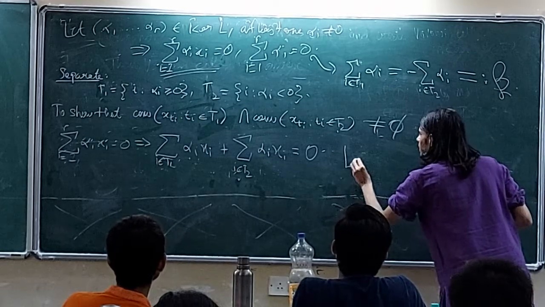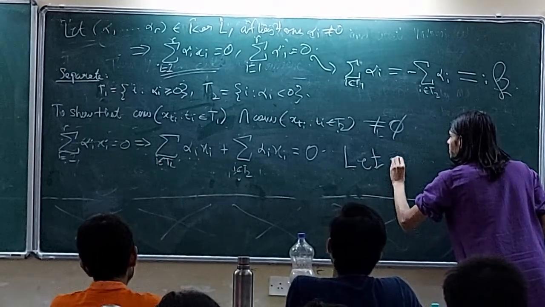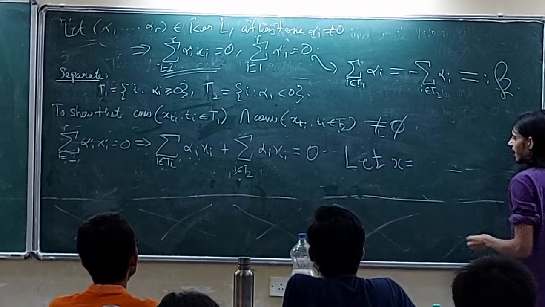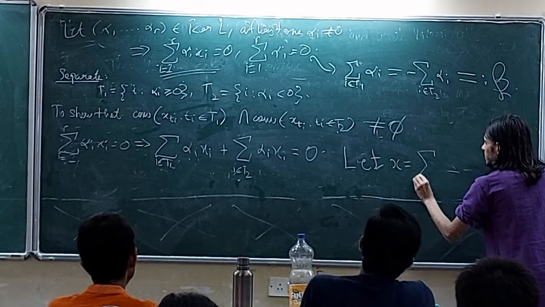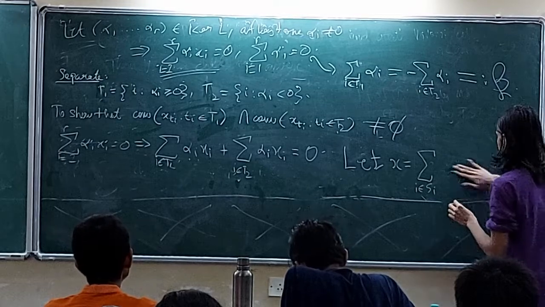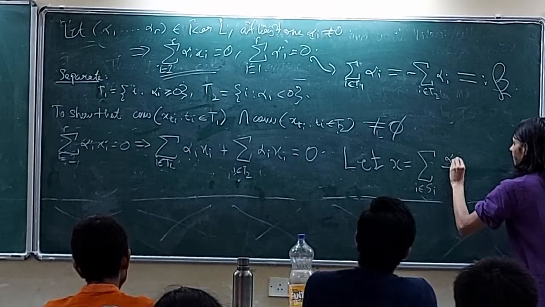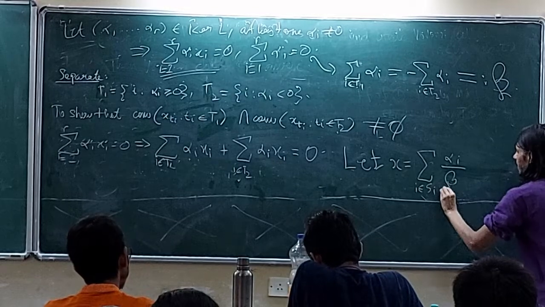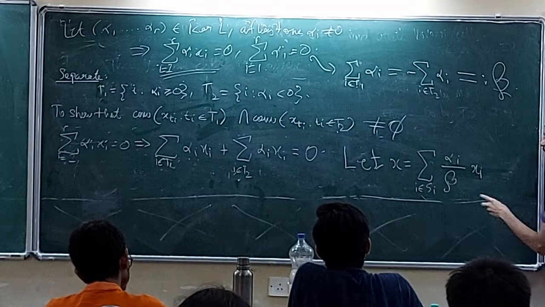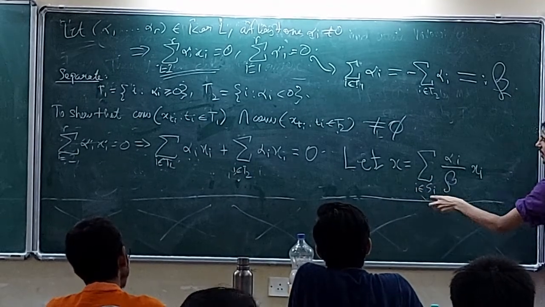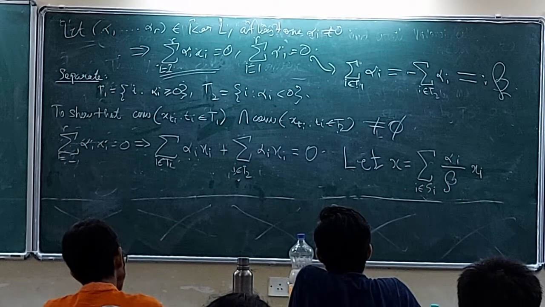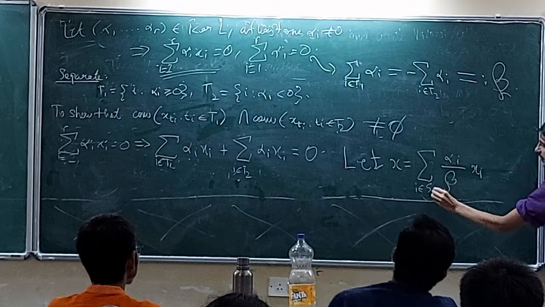Let x be a point that is going to sit in both these convex hulls. Write x as the summation over i in T1 of alpha i by beta times xi.